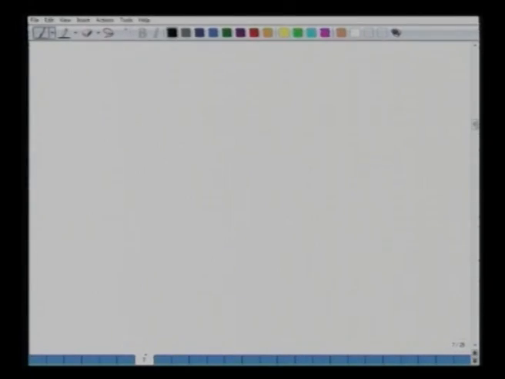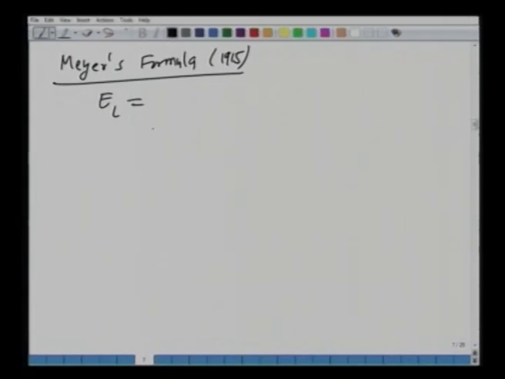So, the first empirical equation we are going to see is the Meyer's formula. It was developed by Meyer in 1915. If you remember, it gives you the rate of evaporation by this expression, where k is some constant.